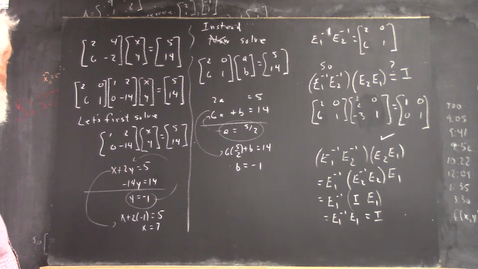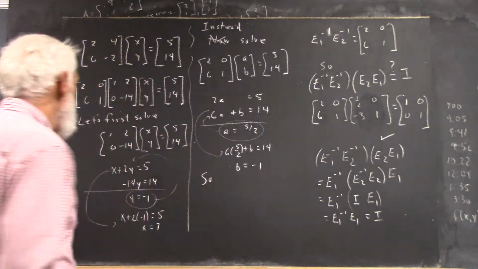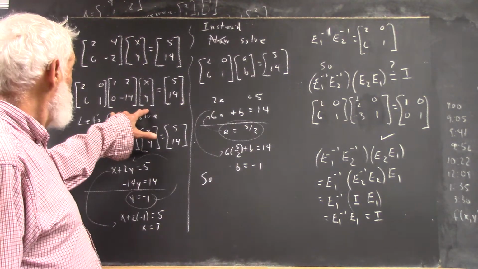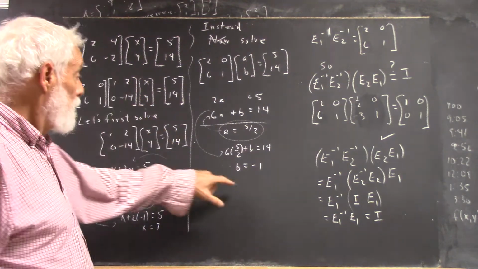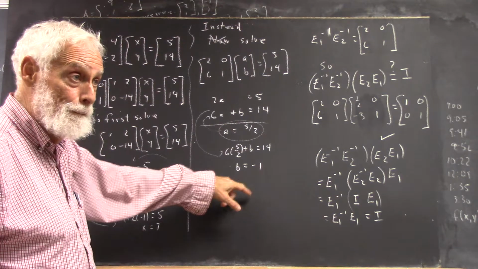Okay, so that's going to work as long as xy with this matrix gives us our 5 halves, negative 1.